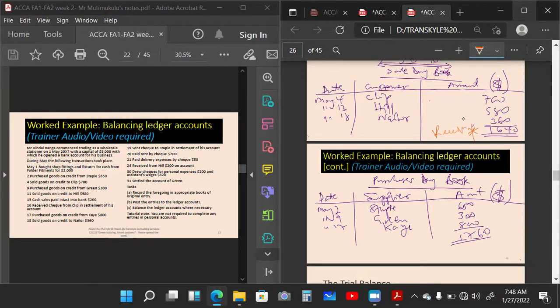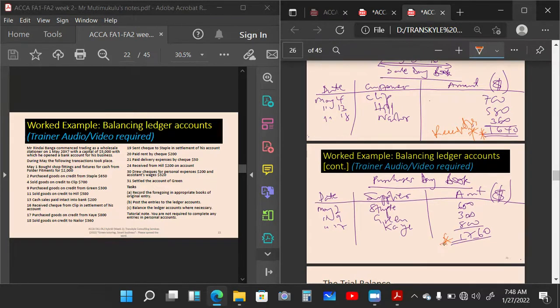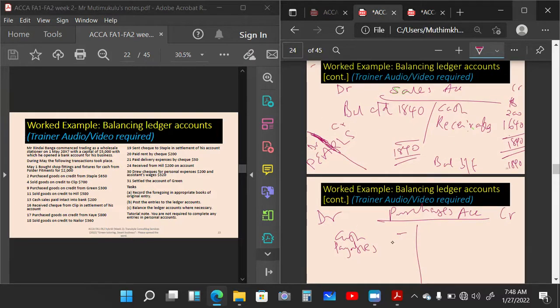These were receivables, but here this is payables. 1760. We go straight to the account and write 1760. Then we balance up. This is balancing. Are we together? That's balancing. 1760.